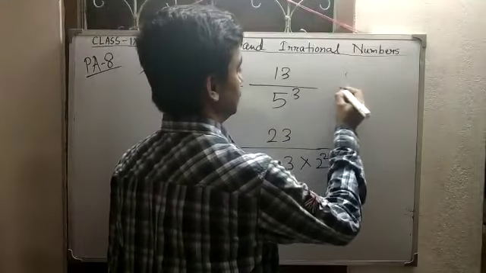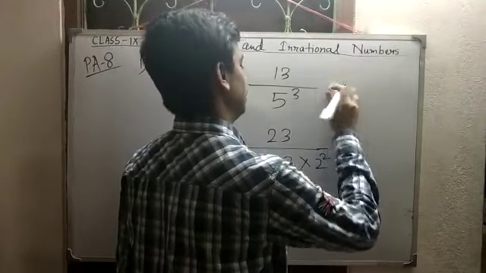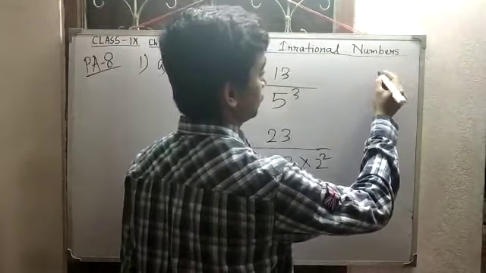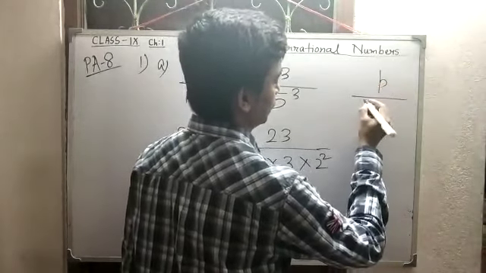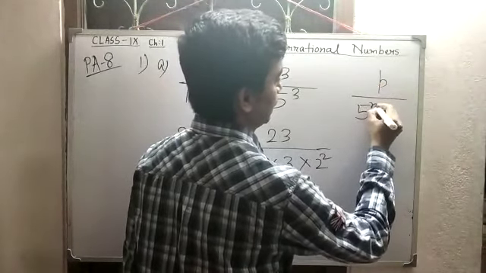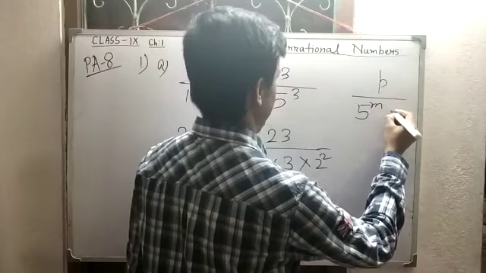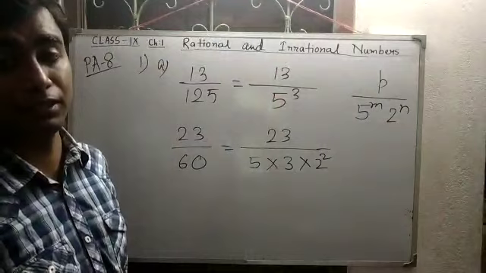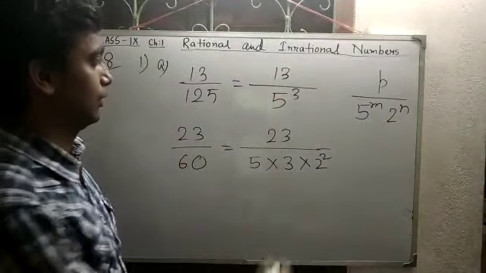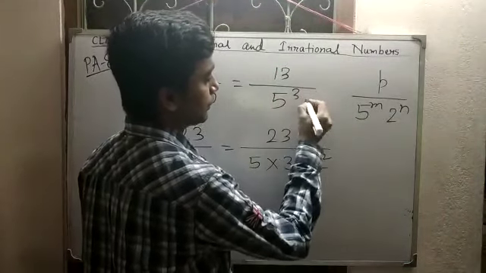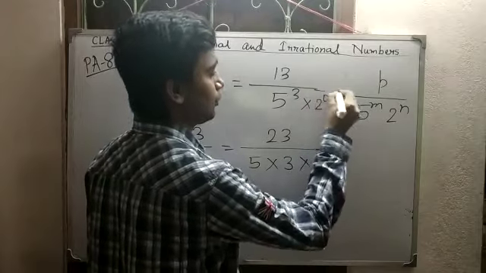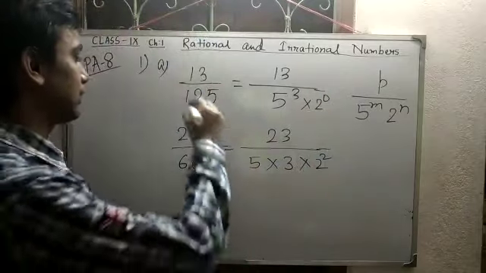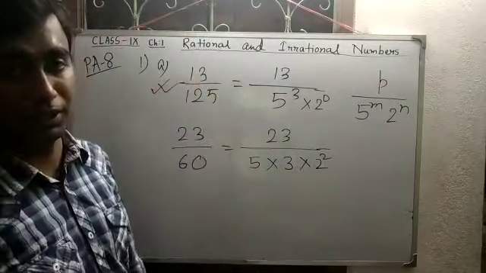Like the form should be this, 2 to the power n. This kind of structure should be there. So here you can write 5 to the power 3 into 2 to the power 0. So it is very much in this form. So you can say this one is terminating.